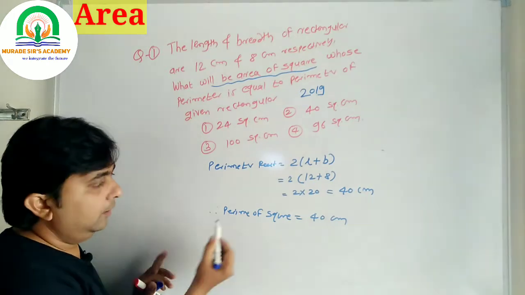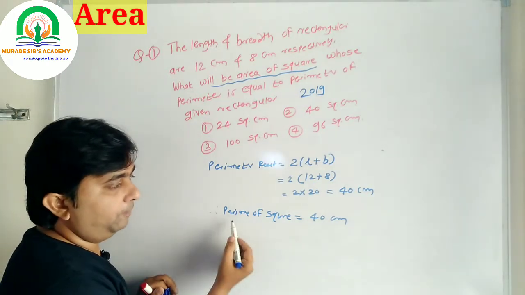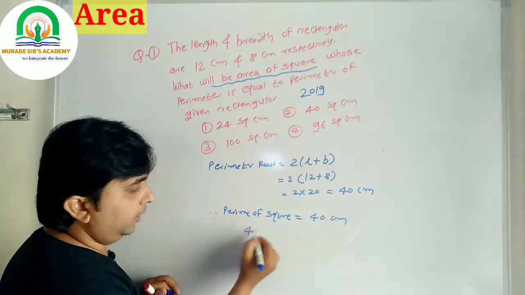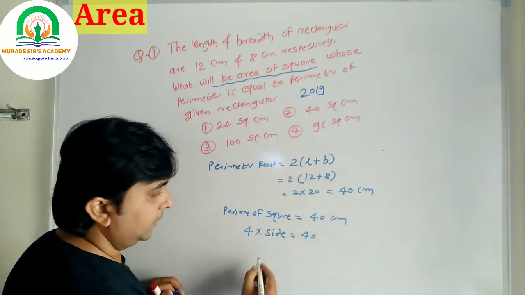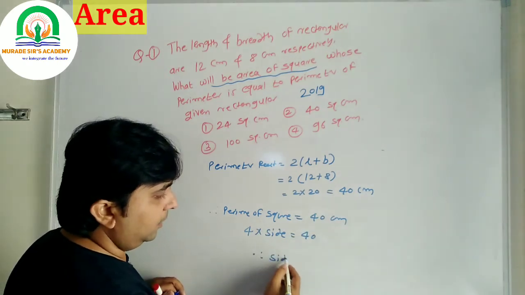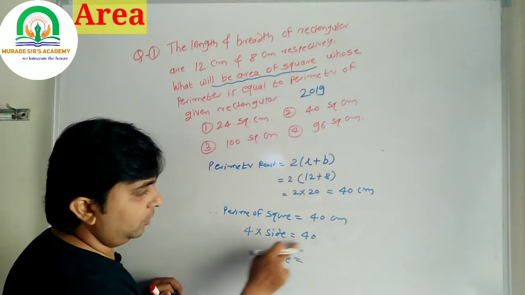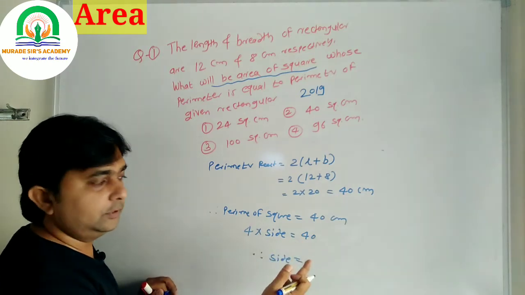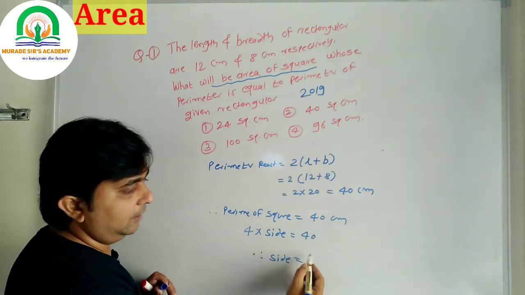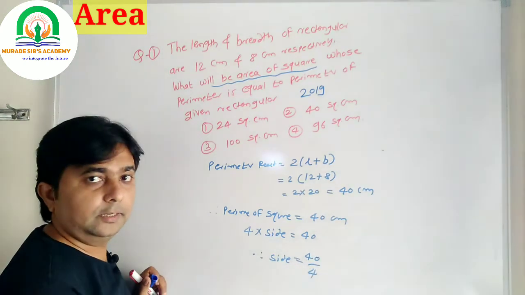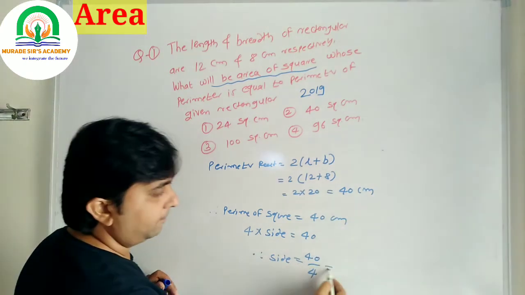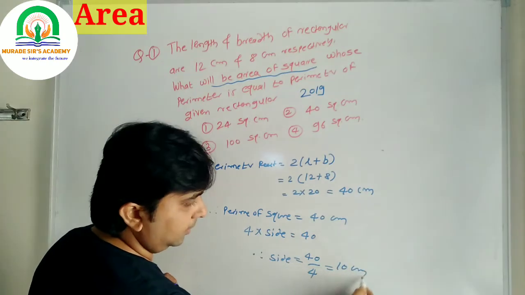We know the formula for the perimeter of a square is 4 into side, which is equal to 40. Therefore side is equal to 40 divided by 4, that is 10 centimeter.